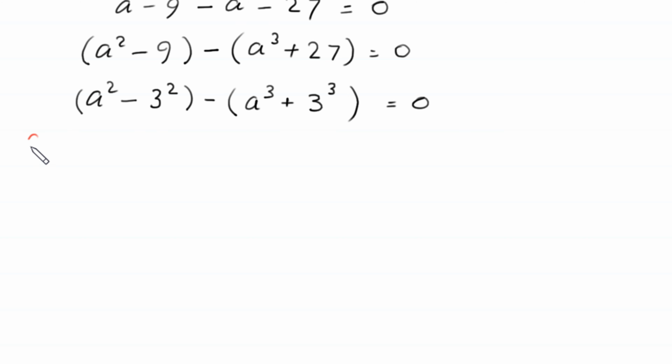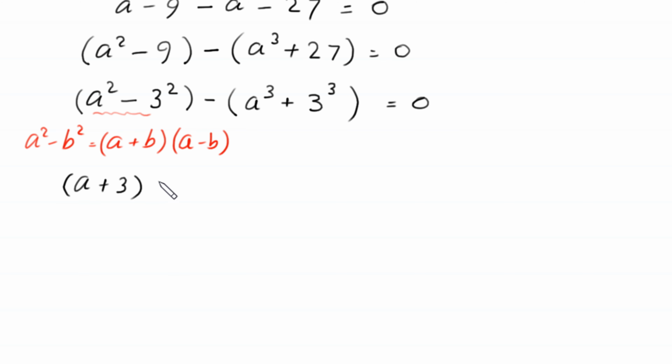So by using this algebraic identity, a squared minus b squared is equal to a plus b times a minus b. This a squared minus 3 squared will become a plus 3 times a minus 3. Minus we have sum of two cubes.